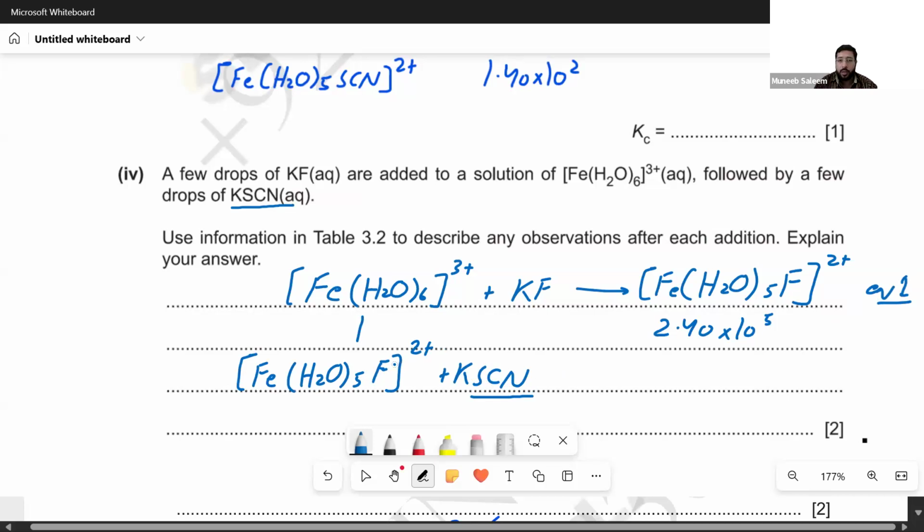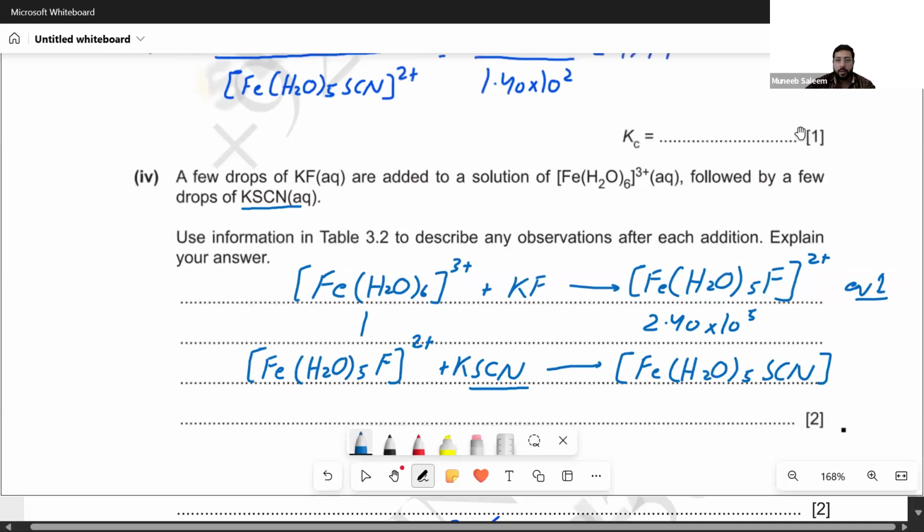Why is that so? Because fluoride has less stability here. We have the formation of SCN is more. It is considering the exchange of the ligand, not the stability of the complex. So it will form Fe(H2O)5 with the thiocyanate ligand.